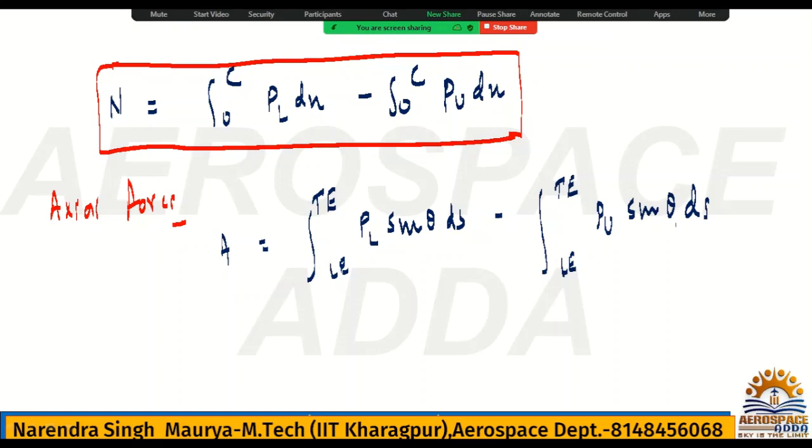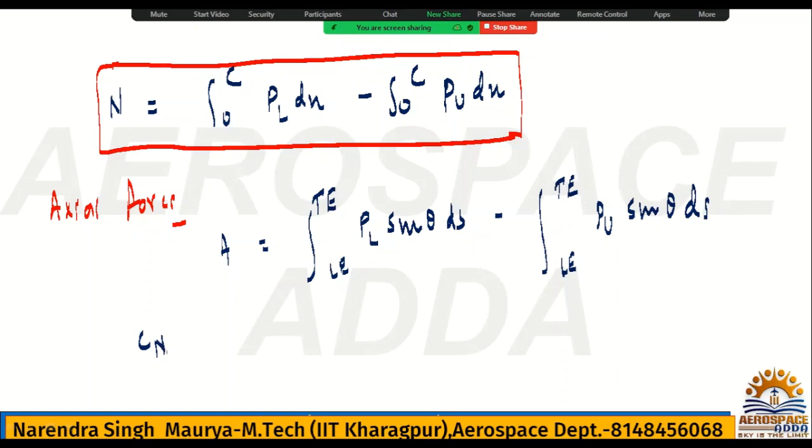now how to get the lift force from this axial and normal component? Once you got the normal component, how to get Cn?